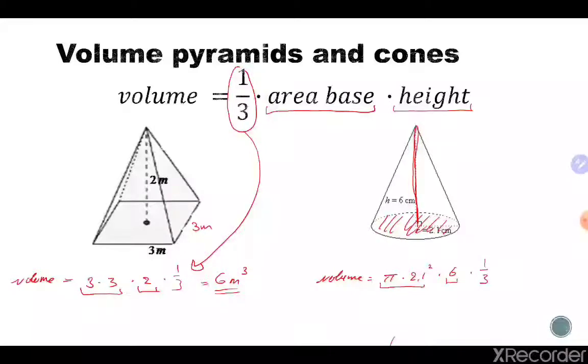It doesn't matter if you put the 1/3 in front of it or behind, but don't forget to multiply it with 1/3. So pi times 2.1 squared times 6 times 1/3 is, in my case, if I round it to 1 decimal place, 27.7 cubic centimeters, because all the dimensions were in centimeters.